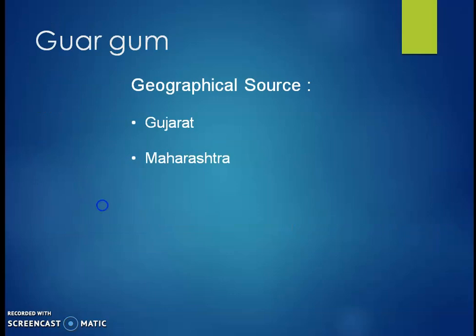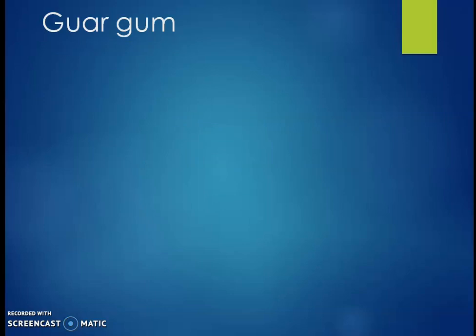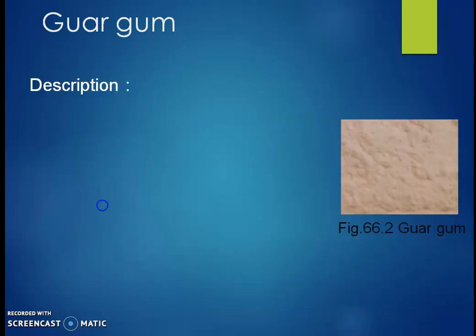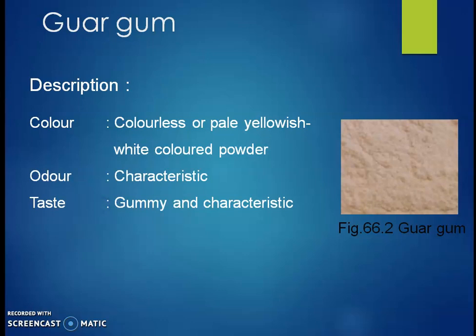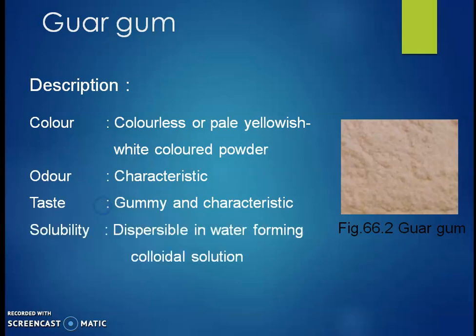Geographical sources: Gujarat, Maharashtra, Karnataka, Rajasthan, Pakistan. Then description of guar gum: color is colorless to pale yellowish white powder. Odor is characteristic. Taste is gummy and characteristic. Solubility: dispersible in water forming colloidal solution. Insoluble in alcohol.